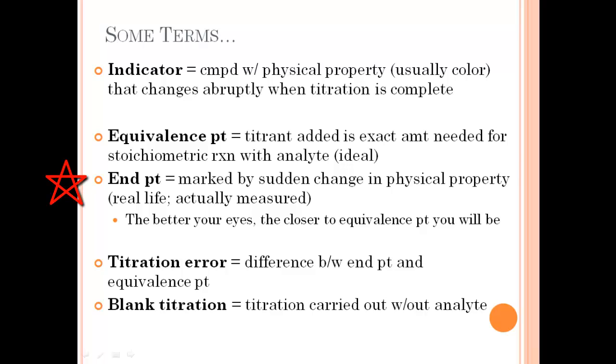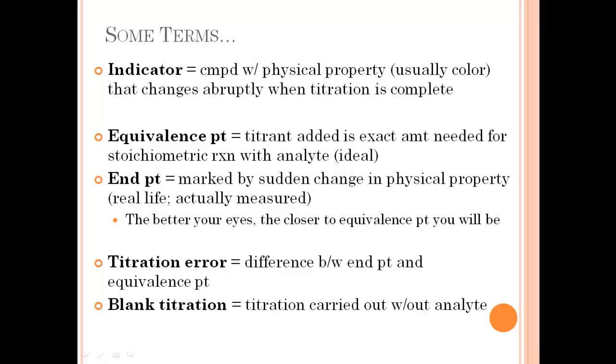The endpoint is that sudden change in physical property that we see, for example, the color change. We don't exactly see when the exact stoichiometric proportion of base equals the exact stoichiometric proportion of acid. But we do see a color change, and that's what's considered the endpoint. Of course, the better your eyes, the closer to the equivalence point you will be, but that's not fair, right?